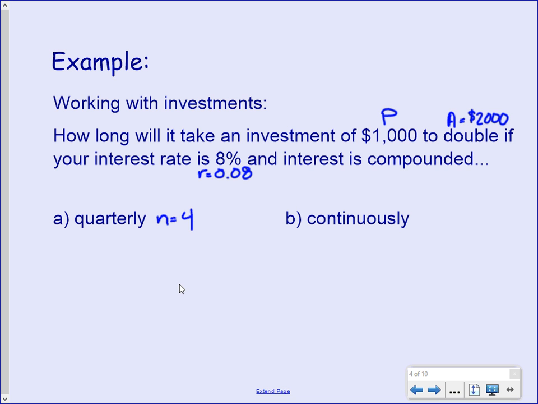So what I would do first is just plug all of this information into my compound interest formula. The one thing that should be left unknown to me is, Nathan says, time, T. Okay, that's the question that we're asking. So $2,000 equals 1,000 times 1 plus 0.08 divided by 4 raised to the 4t.